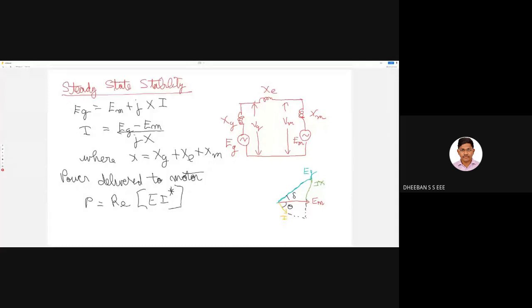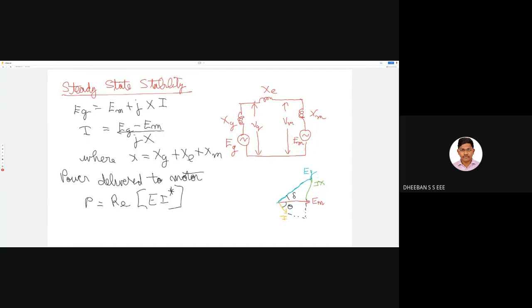So here you can see this EM. Generally, this phasor diagram is drawn with respect to the excitation from your generator. So first you have to draw the load voltage drop. So the voltage drop over here is the drop across the motor, which is this EM.